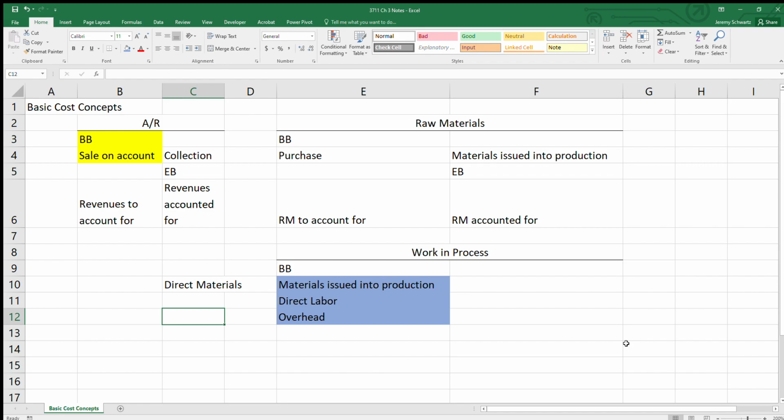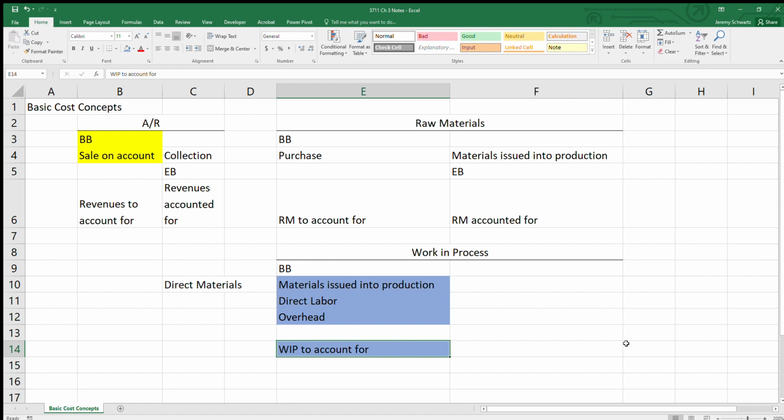We only observe them over the course of a period, so we have to come up with some sort of mechanism for allocating overhead. For right now, we're just going to build this. This is where it would fit in work in process. So this is our work in process to account for.